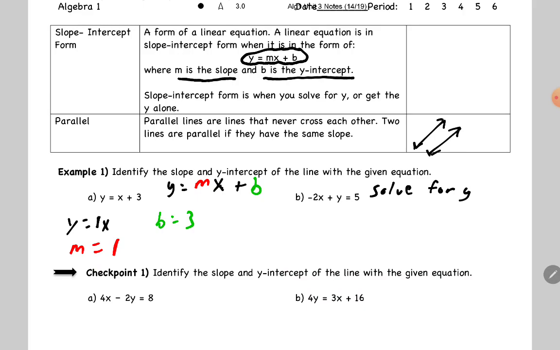Okay. To get y by itself, I need to get rid of this negative 2x. A negative 2x can be added to both sides. So I'll have y equals 2x plus 5. Okay. Now we can identify our slope and y-intercept. Slope is 2, the number in front of x. And then our y-intercept is positive 5.